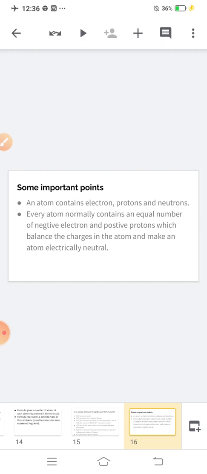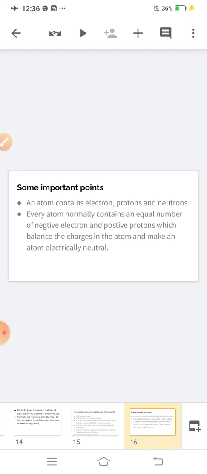Every atom normally contains an equal number of negative electrons and positive protons. Electron is negatively charged and proton is positively charged. So the number of electrons and protons are equal in an atom. Because they are equal, the atom is neutral. If electrons are more, it will become negative. If protons are more, it will become positive.